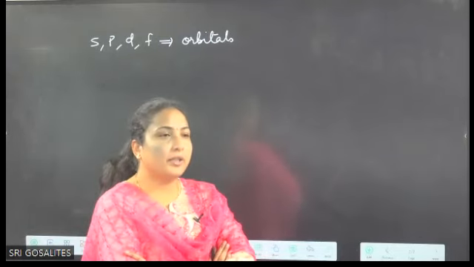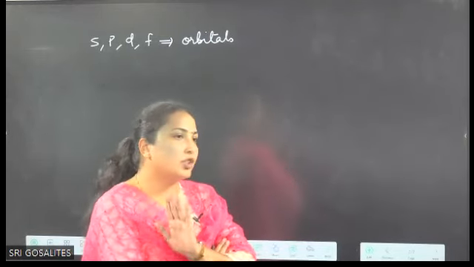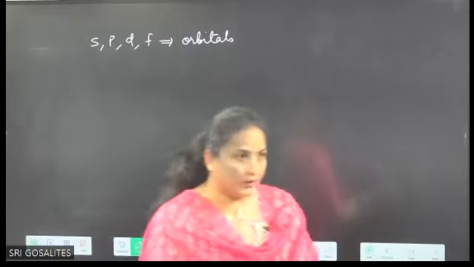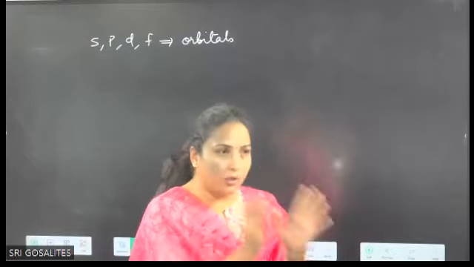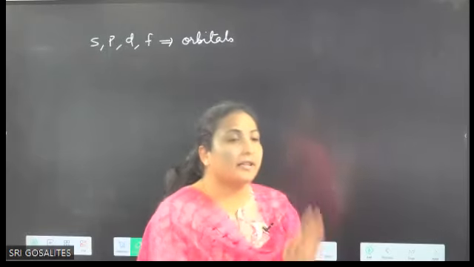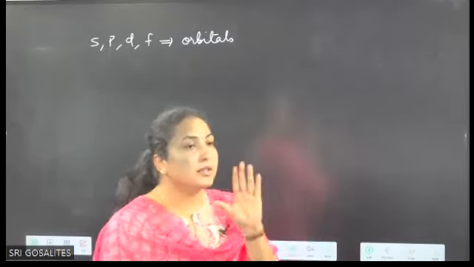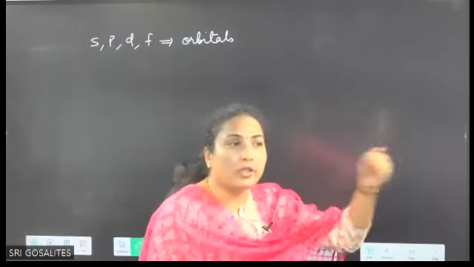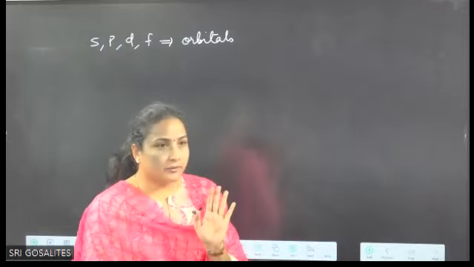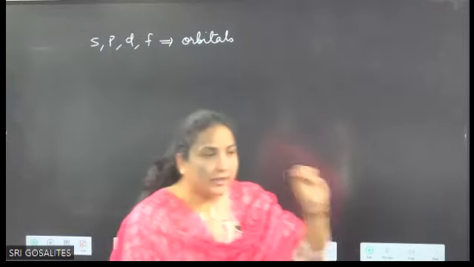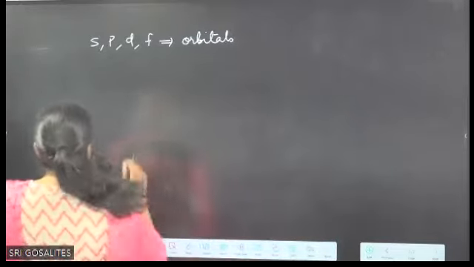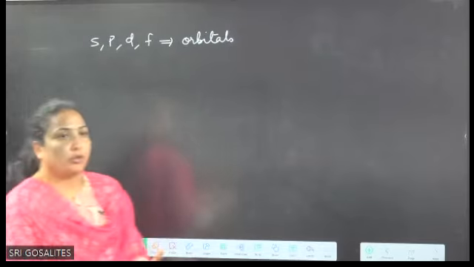Till now, you know that there is a shell, right? When you enter 11th, you will hear a name, orbital. So orbital is a place where you find the electrons. And there are 4 types of orbitals, named S, P, D, and F, right? Is that clear? Okay. And here itself, you will be able to find the electrons. Now, you must know how to fill the electrons here. Okay.